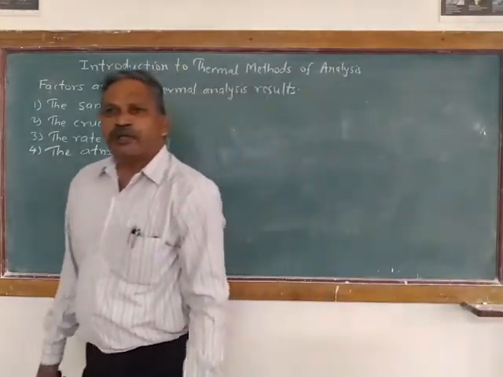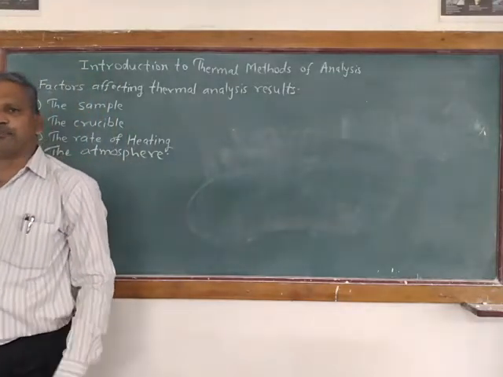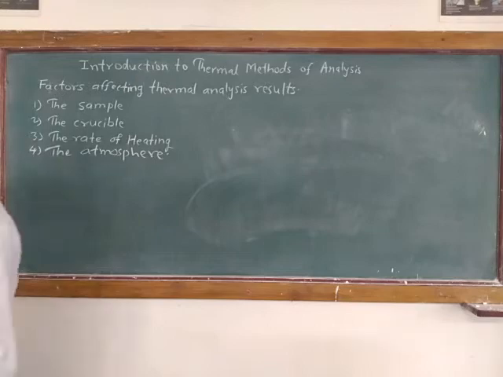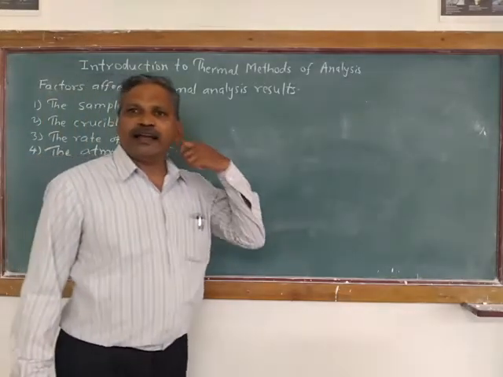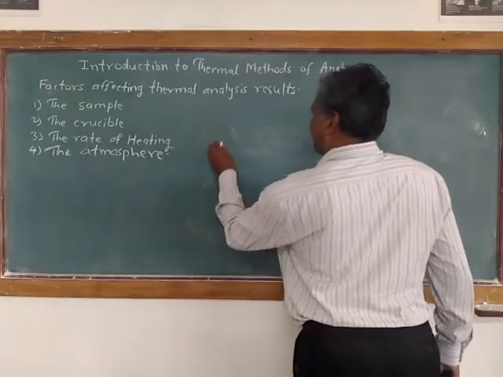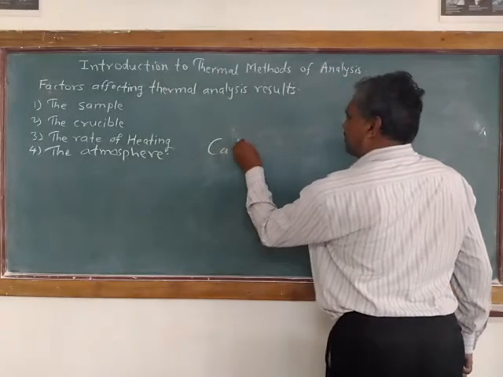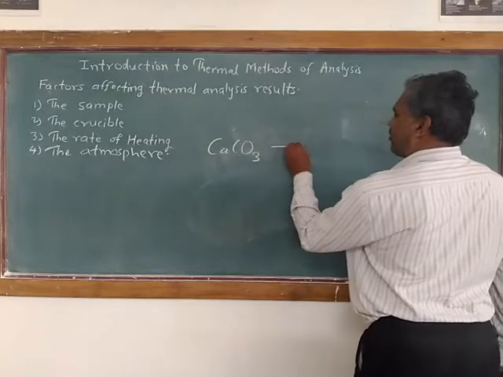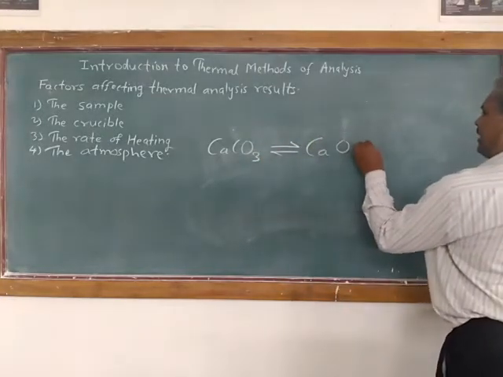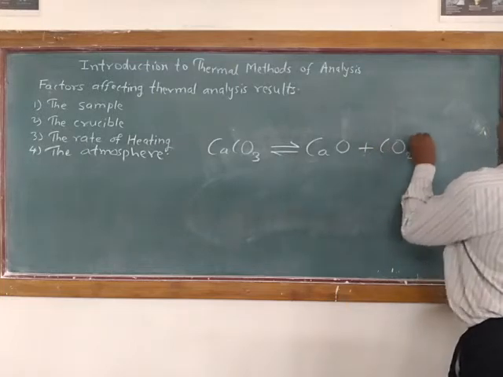When a chemical equilibrium exists, for example, between calcium carbonate, calcium oxide, and carbon dioxide, if you study the decomposition, calcium carbonate decomposes to give calcium oxide and CO2 gas.